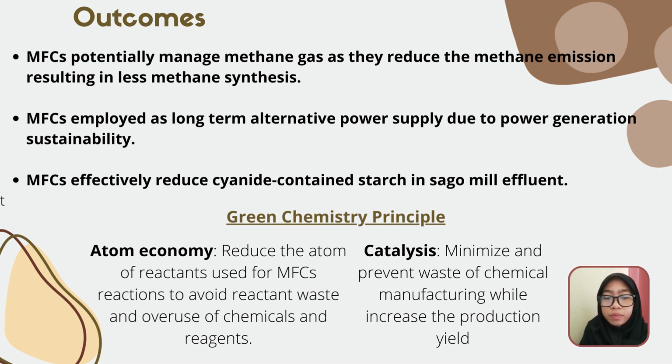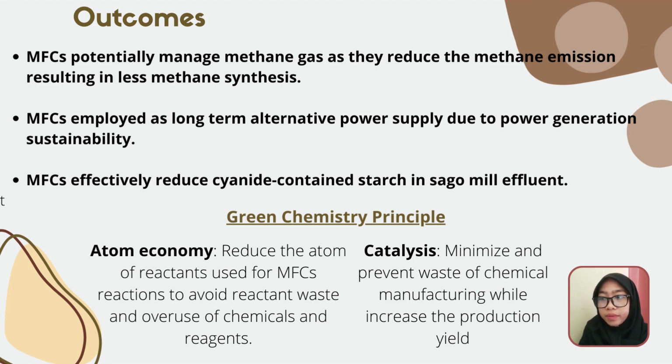Green chemistry principles are closely related to microbial fuel cells through two principles. The first principle is the atom economy principle, which is about reducing the atoms of reactants used for certain reactions. With the atom economy principle, the performance of fuel cells can be achieved at optimal level and avoid reactant waste and overuse of chemicals and reagents.